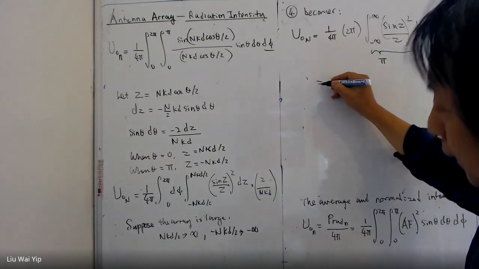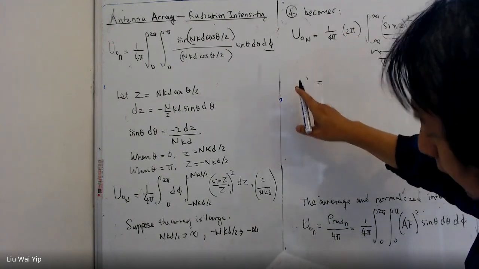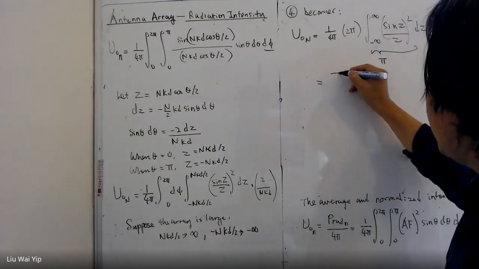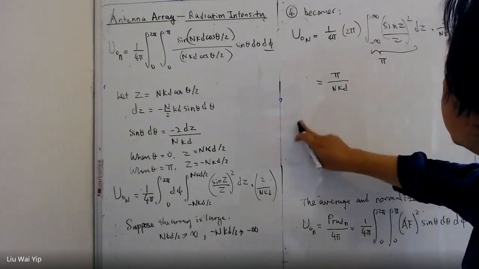So the final value, if you do it carefully, this one will end up with a value pi divided by n kd.